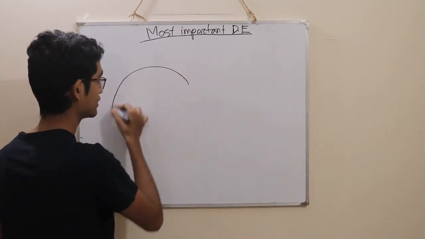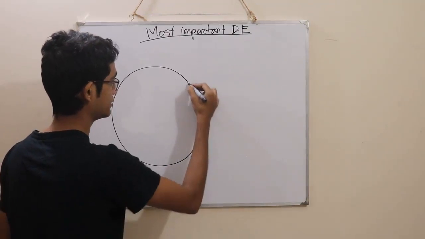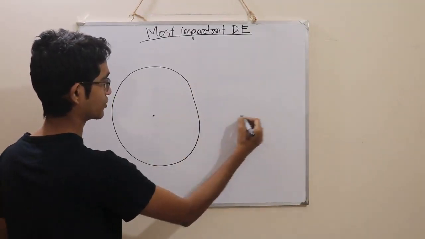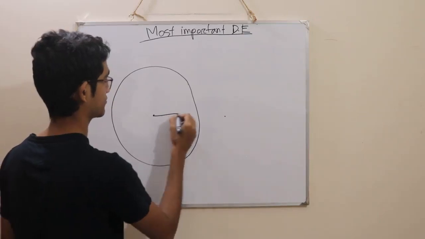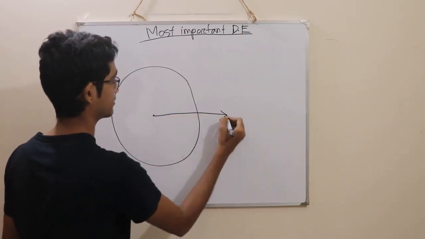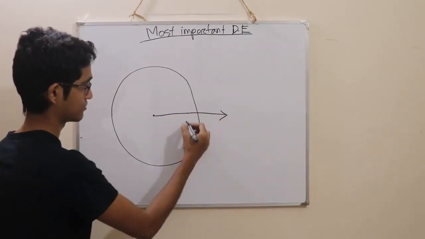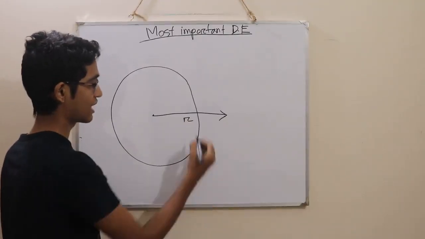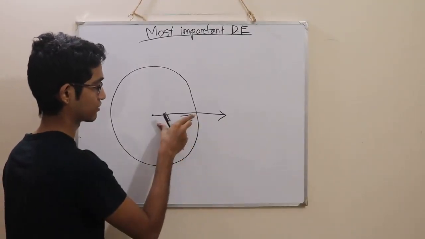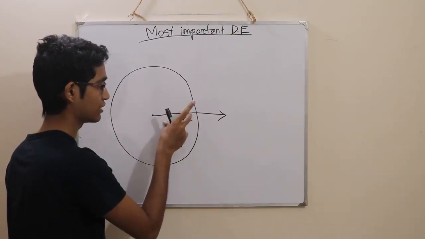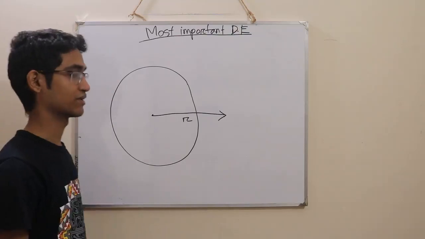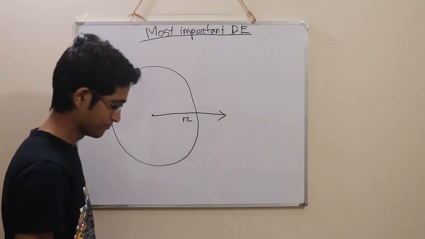Let's say this is the earth, this is the center, and this is a body away from the center. This is its distance. Now, for simplicity, I am not using the vector of r, even though I know that this is a vector. For simplicity, I am just omitting the vector part. Let's just say the distance.